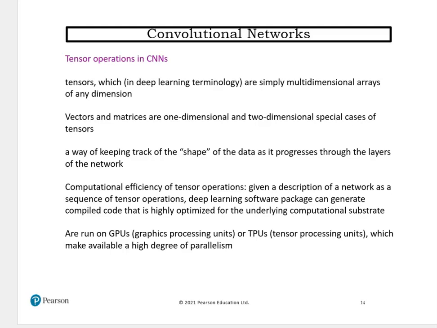Now let's look at the actual implementation of all of this, which is essentially done using tensors and tensor operations. Like we saw earlier in the previous slide, applying kernels and pooling essentially could be done using matrix multiplication.